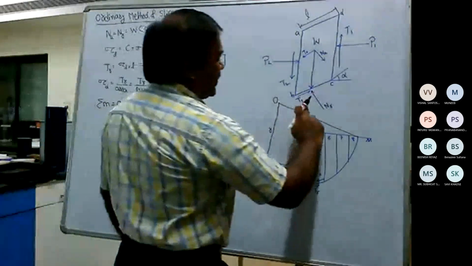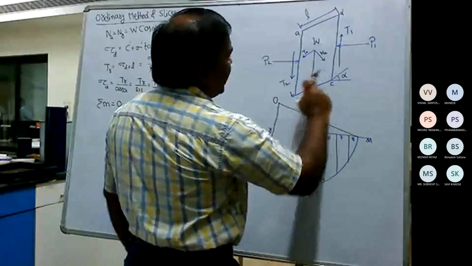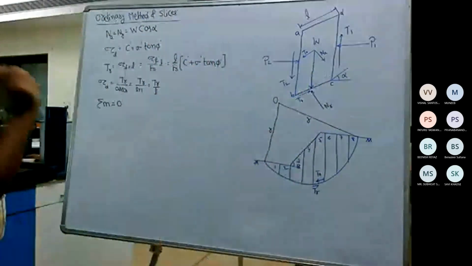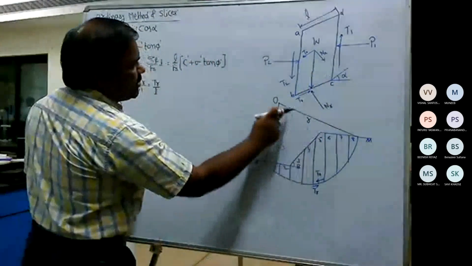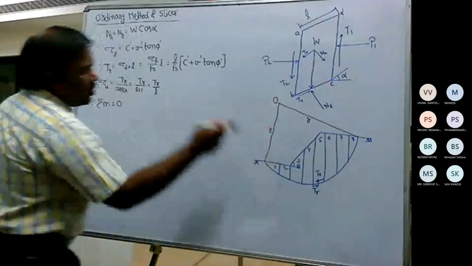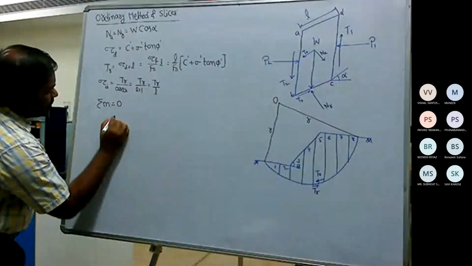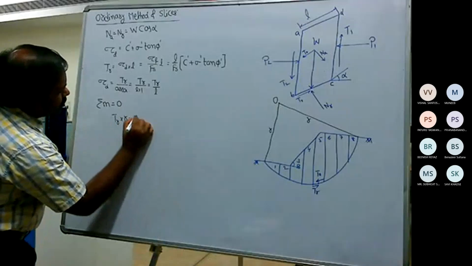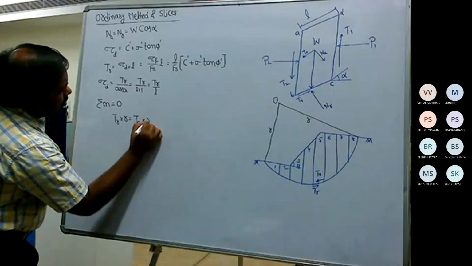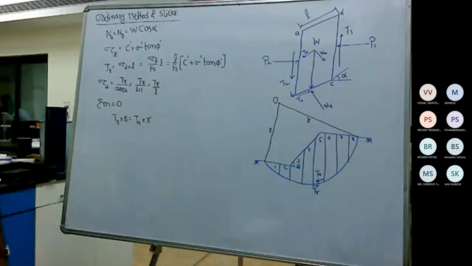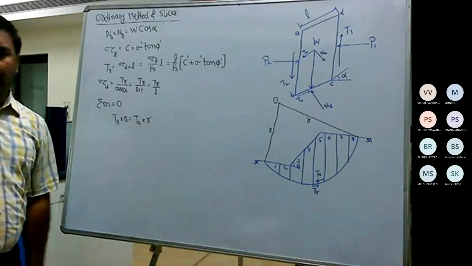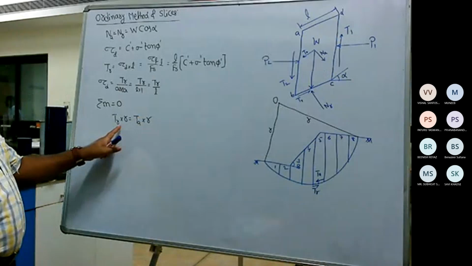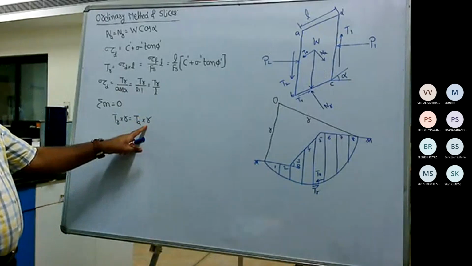The only remaining forces are TR and TA. Based on this concept, if you take the summation of all the moments about O, it can be written as TR into R is equal to TA into R. On one side there is a shear strength term, on the other side there is a shear stress term.